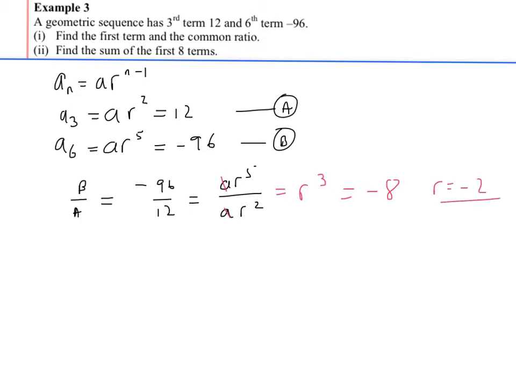Now we also need to work out the first term. We can choose any one of these equations, so we've got (-2) squared times a equals 12, and this is our equation A. We can use this, 12 divided by 4, which gives us 3, and so a equals 3.